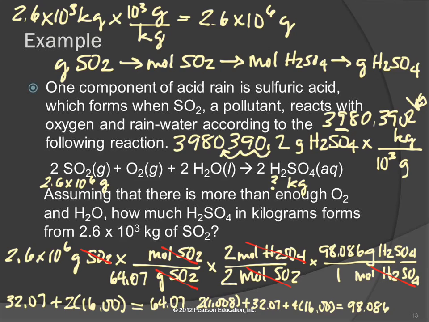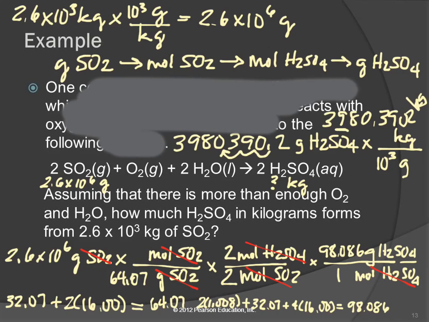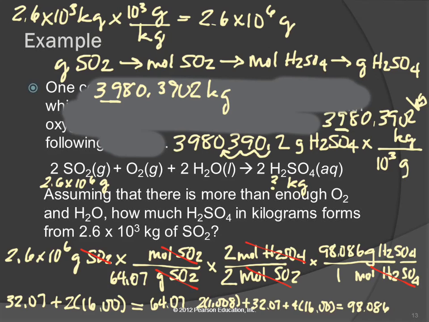So that means I'm keeping the 9. 3980.3902 kilograms. We want to keep the 3 and the 9. We look at the next number, it's an 8. That means we round the 9 up to a 10, which rounds the 3 up to a 4.